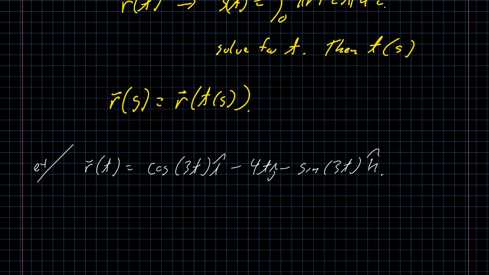And we've already seen that the arc length function for this curve is that s of t is equal to 5 times t. Equivalently, that means that t is equal to 1/5 s.